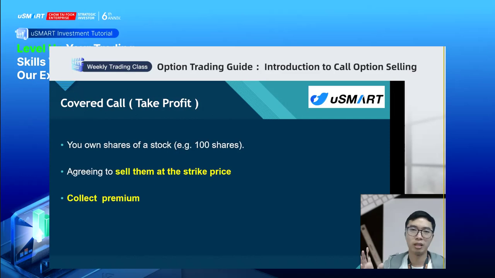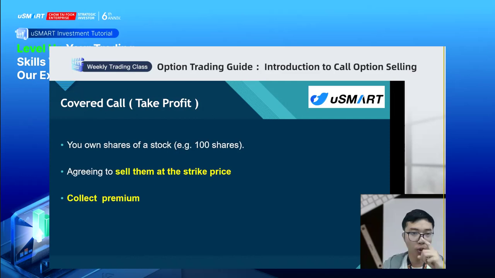Even if it's sideways for really long, when we open the option, we can still get some profits out of the market. And since we are targeting 300, this is a win-win situation for us. So that is the difference between selling naked and selling covered calls.